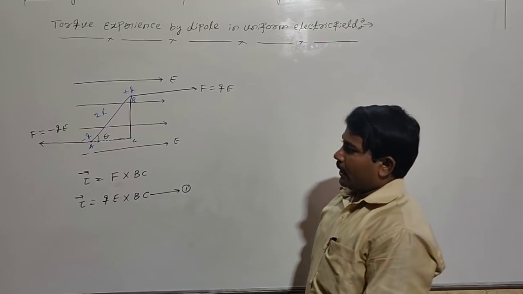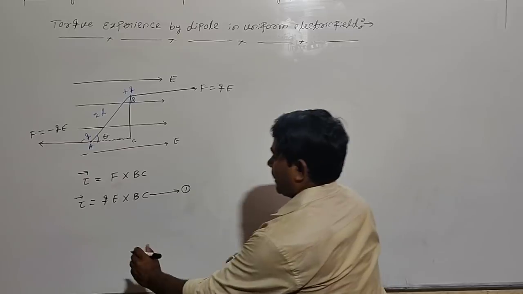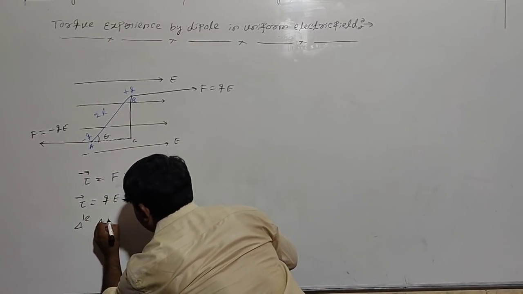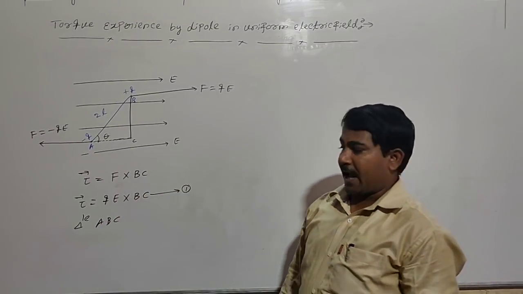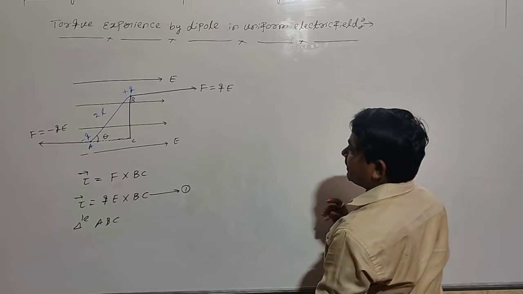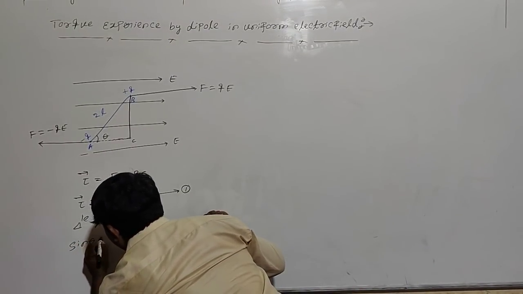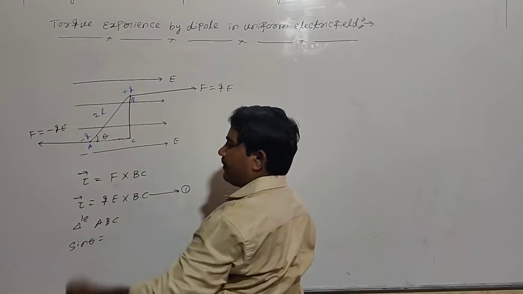Right. Look at me. ABC looks like a triangle. In this triangle, I will take sin theta. Sin theta is opposite by hypotenuse. Opposite is BC, hypotenuse is AB.